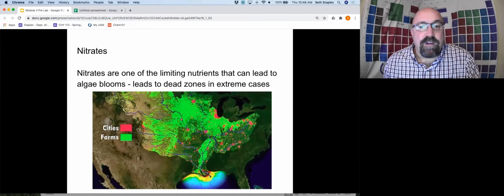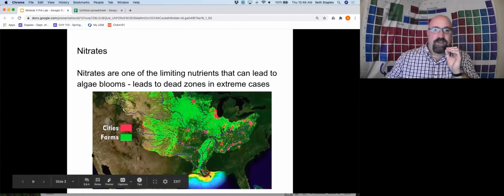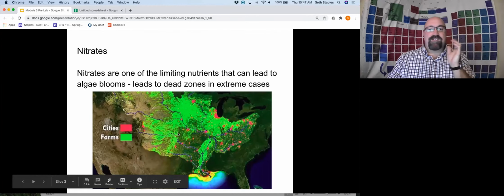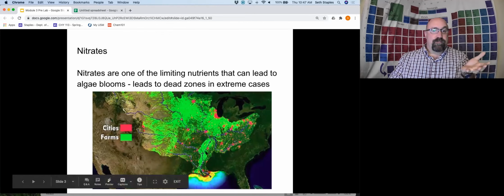A staggering amount of rivers and water bodies in general, it probably comes as no surprise, end up funneling into the Mississippi River. And we have all that farmland in the Midwest and just sort of all this land in general that then gets funneled down into here and dumps into the Gulf of Mexico.